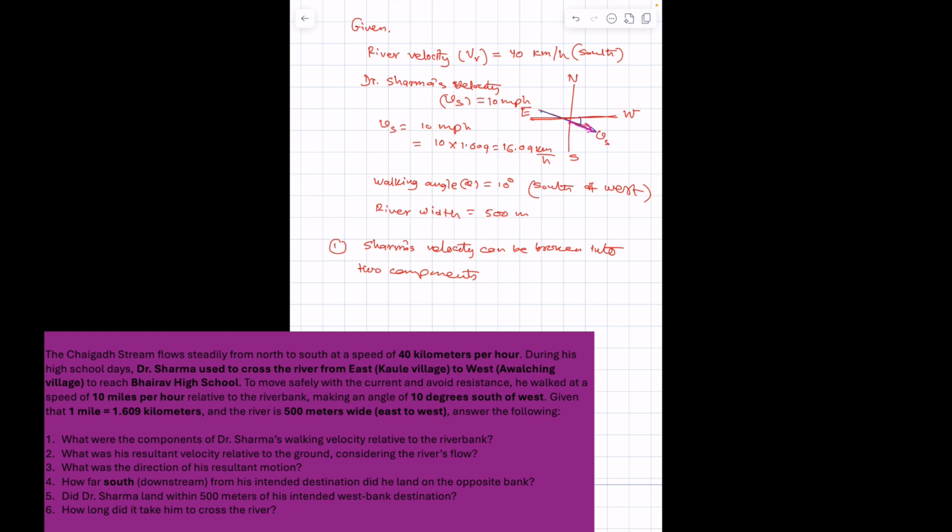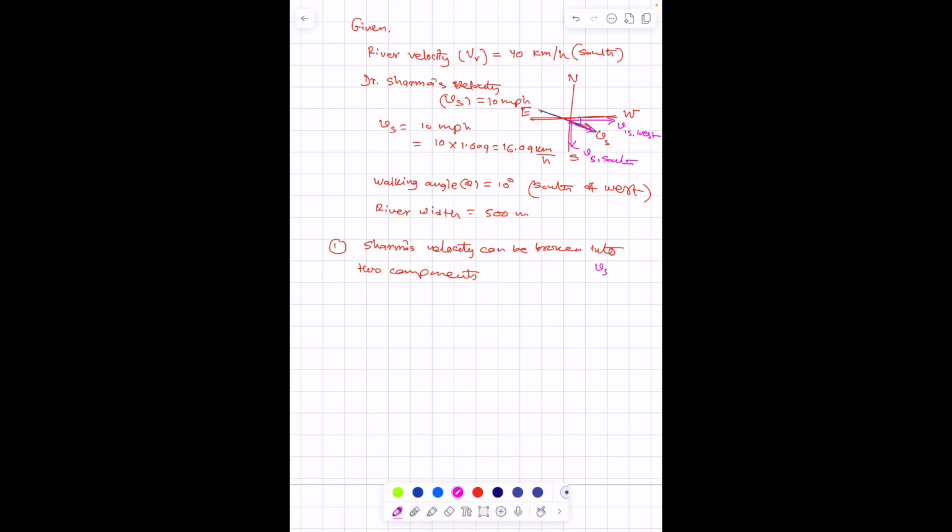If this is his velocity, one component would be in this direction and another in this direction. Let's say that is the velocity of Sharma along west, and this is the velocity of Sharma along south. So this Vs has two components: one Vs west, one Vs south.